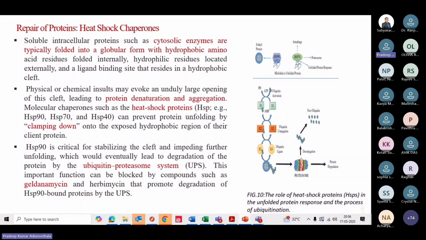So coming to the repair of proteins by heat shock chaperones. These are soluble intracellular proteins such as cytosolic enzymes, which are typically folded into a globular form with hydrophobic amino acid residues folded internally and hydrophilic residues located externally, and a ligand binding site that resides in a hydrophobic cleft.